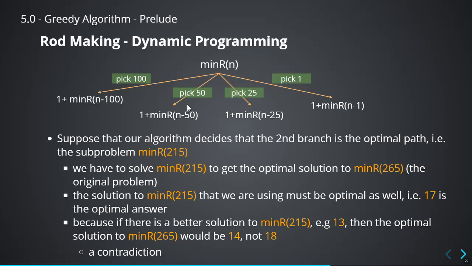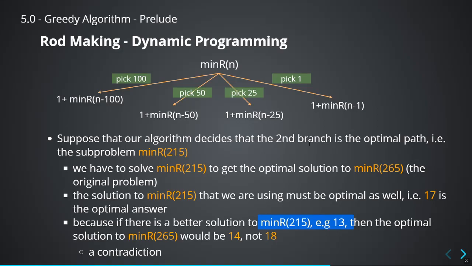So that's my claim, that 17 must be optimal. Why? Because if there's a better solution to min R of 15, so let's say 13, then my solution to min R of 65 is just 1 plus 13, which is 14.